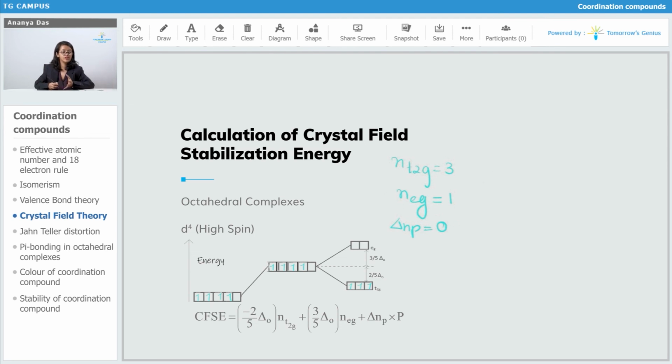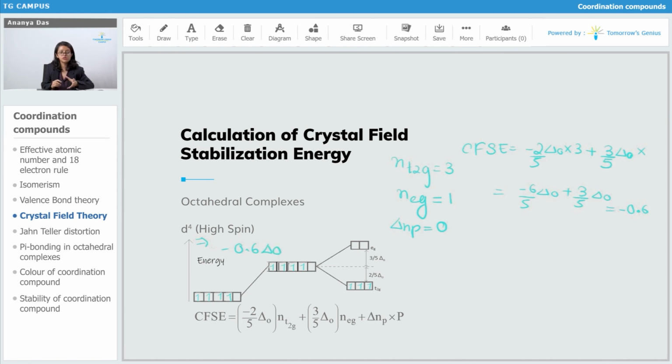Substituting these numbers into our formula, CFSE is equal to minus 2/5 delta O into 3 plus 3/5 delta O into 1. That's minus 6/5 delta O plus 3/5 delta O, which gives minus 0.6 delta O. So the d4 high spin is minus 0.6 delta O.